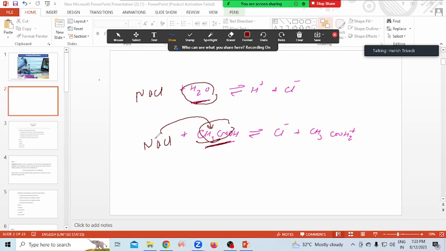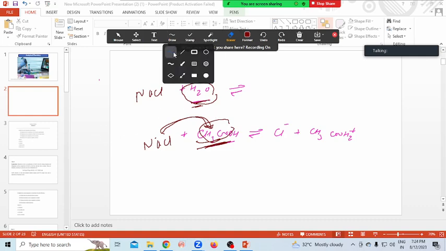Na ion will be provided to acetate ion, but as acetate is weak compared to water, here it will form HCl plus NaOH.